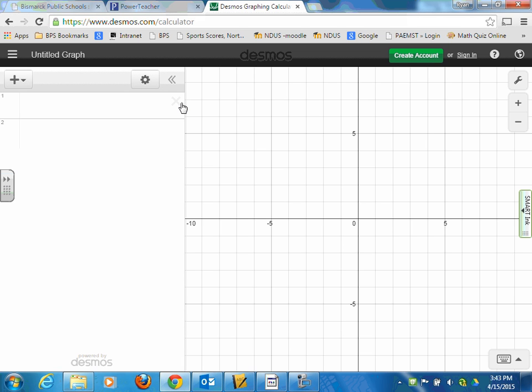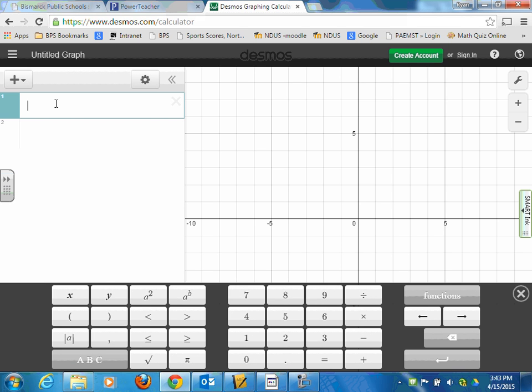All right, so the first thing I want to do is make sure that I get my negatives and parentheses going. So I got negative parentheses, -4.